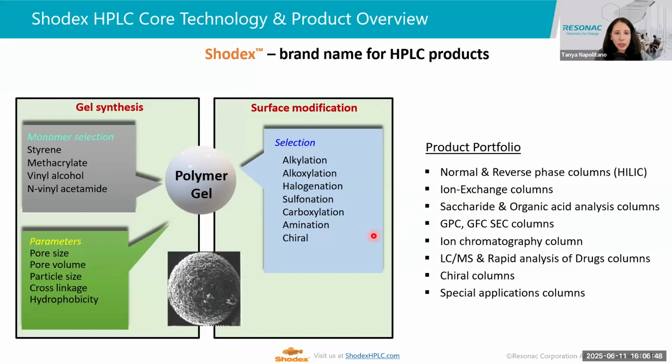And then we apply surface modifications like sulfonation, amination, or carboxylation to create different separation modes. We offer over 300 column products, but today we'll focus on our HILIC line, which includes ligand types optimized for sugars, peptides, nucleotides, and even PFAS.